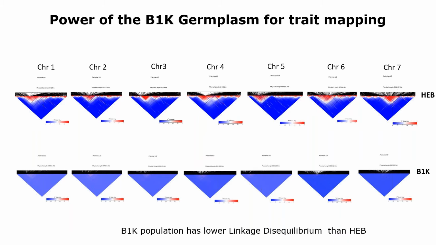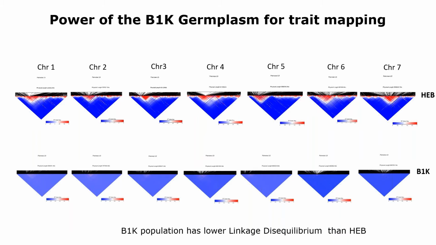Secondly, if we look at the power of the germplasm for trait mapping, in the upper panel you can see chromosomes 1 to 7 from the Heb family, and the lower one is for B1K. This is the LD map, the linkage disequilibrium map. Linkage disequilibrium means the non-random association of one allele with another. We see a high LD in the Heb population, with visible LD blocks, but in B1K the LD is very low and restricted to the centromeric region, where recombination events are relatively slow.